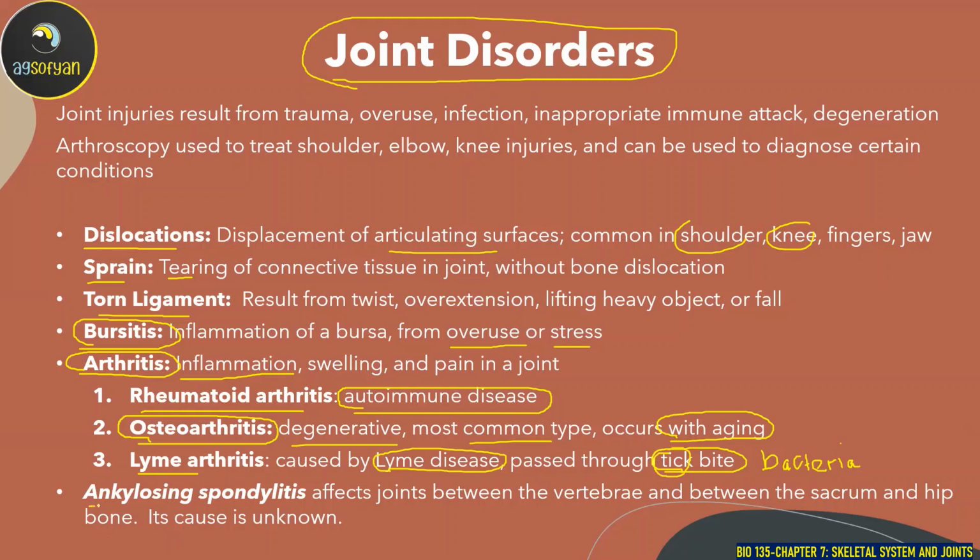There is another one called ankylosing spondylitis. This usually affects the joints between vertebrae. Sometimes the cause is unknown. So there is sometimes a problem in the joints between vertebrae with an unknown cause, and this is called ankylosing spondylitis.